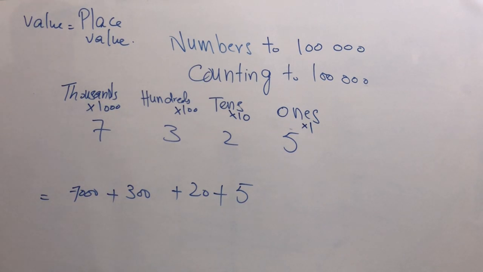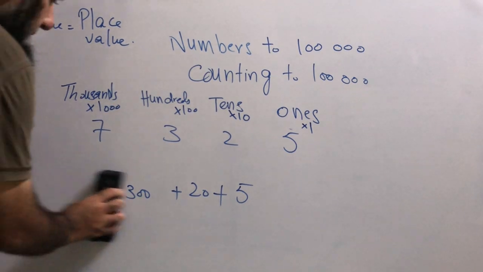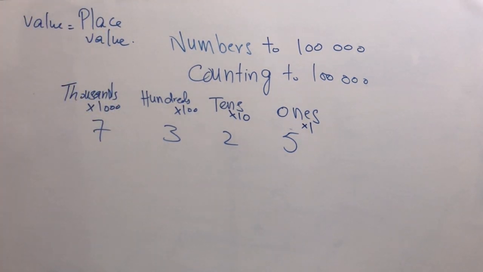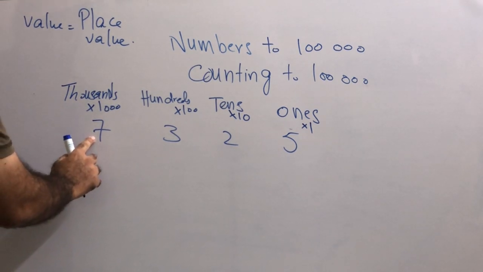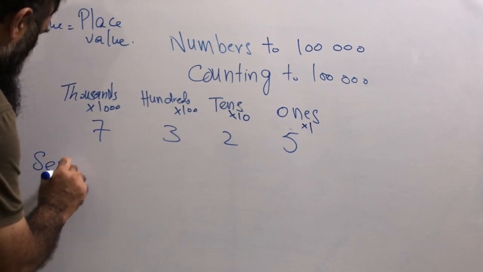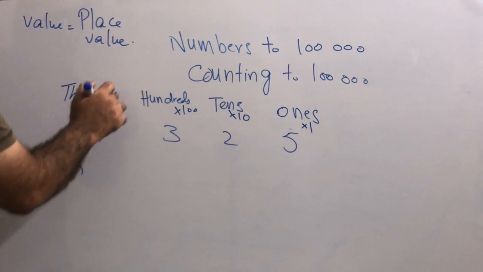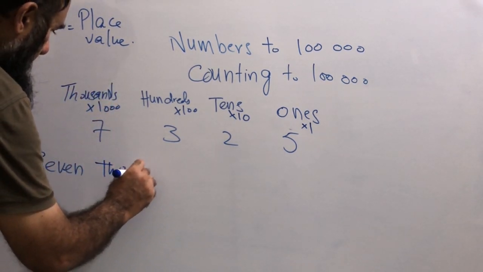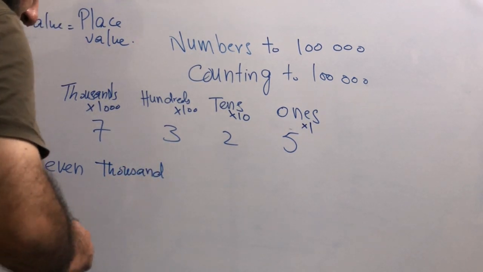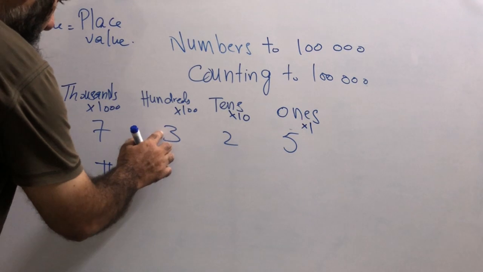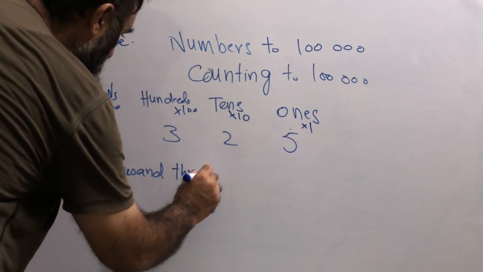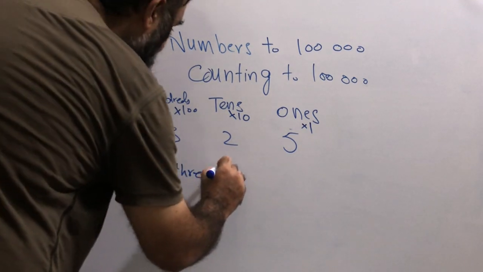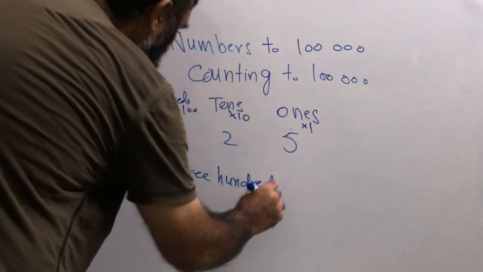Okay. So if we want to express this number in English, okay, how to express this in alphabets, okay? So this is 7. We'll write 7. It is coming under thousands. We'll write 7,000. Okay. This is 3. Write 3. It is coming under 100. 300. Okay.